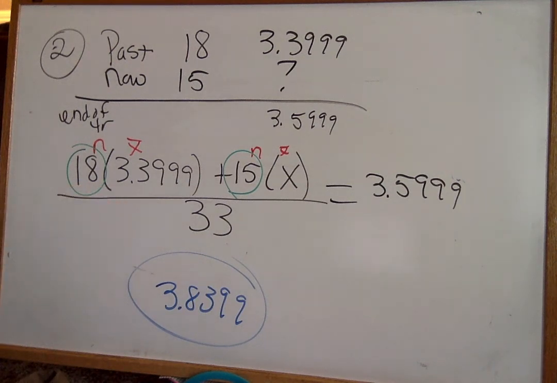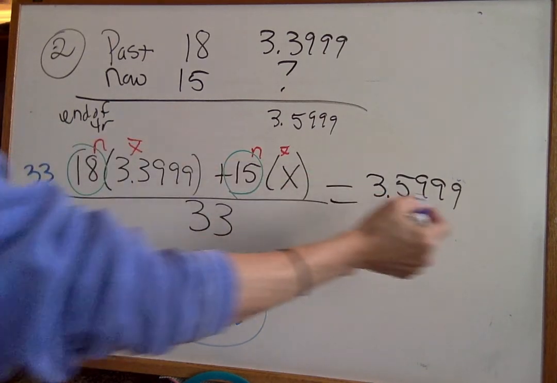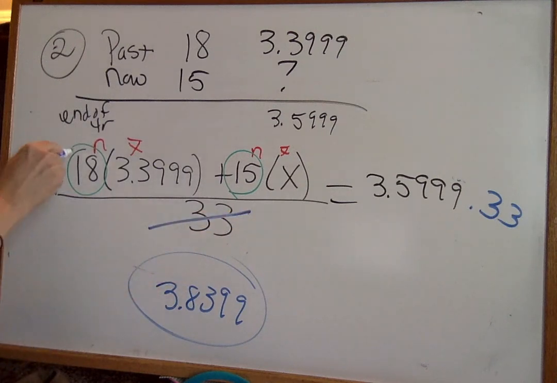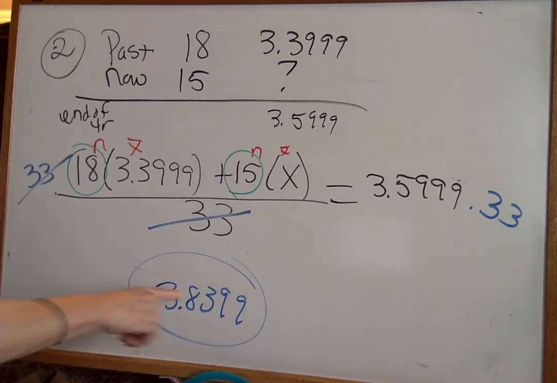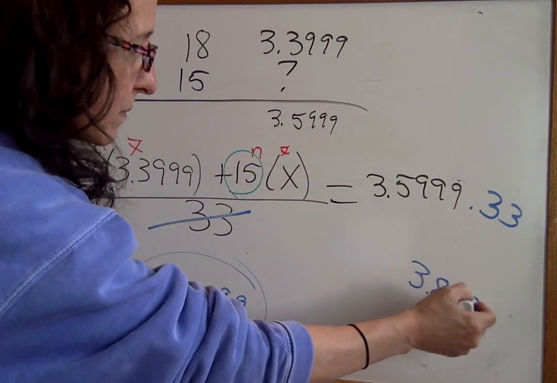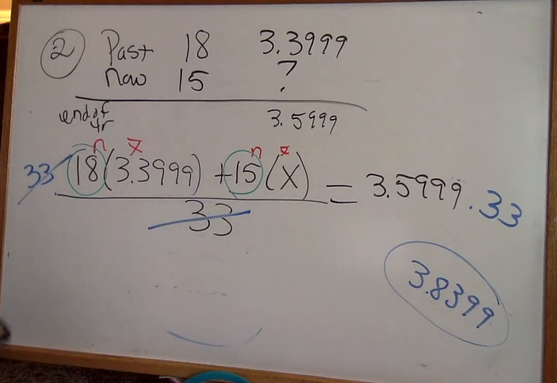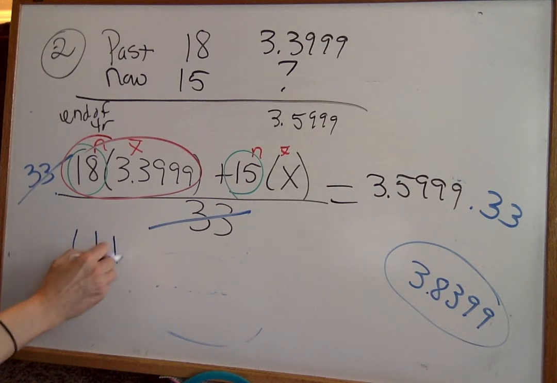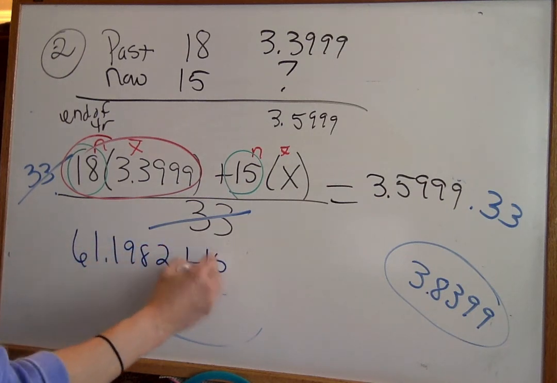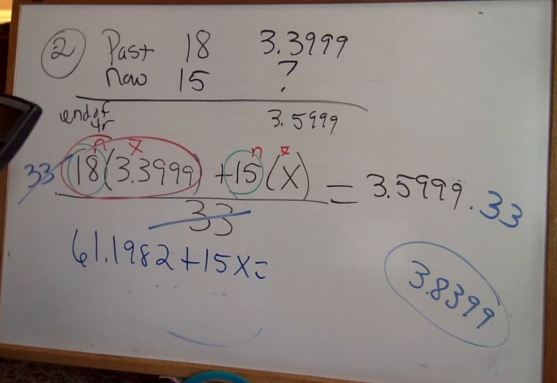So your first step, in case you don't have that, I want to talk you through the algebra. You're going to multiply both sides by 33, okay? So those 33s cancel out. Let me write that over here real quick. And that's just begging to be multiplied. Let's figure out what that is. 61.1982 plus 15x equals, let's figure out what that is.